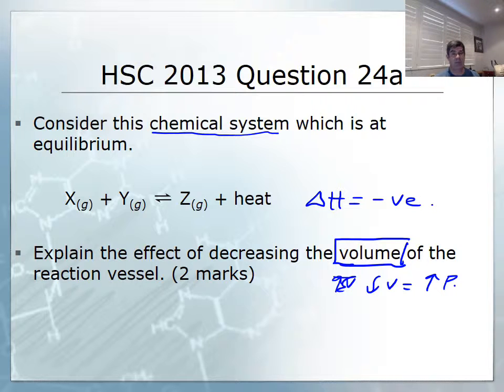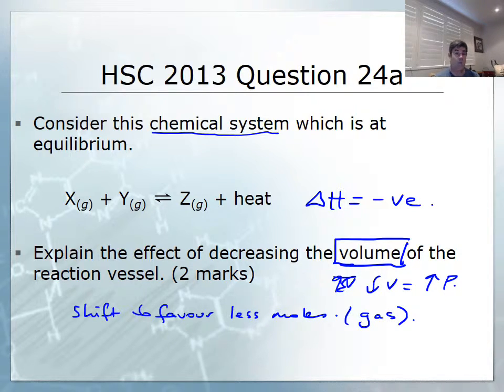And if the pressure increases, then the system will shift to favour less moles or less molecules. And of course, we do mean gas molecules whenever we talk about changes in pressure. We can't squeeze liquids and solids particularly well. But with gases, we can compress them, we can push them closer together.